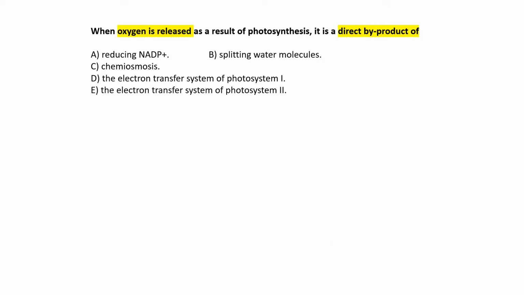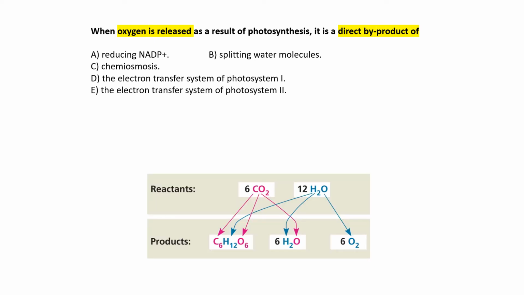Okay, now this one. When oxygen is released as a result of photosynthesis, is a direct product. So this one is very easy. You have again 5 options, and in the next slide I will show you in a schematic. Okay, so here you see the answer.